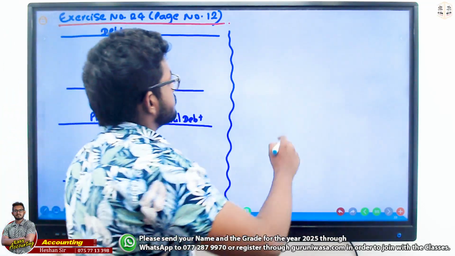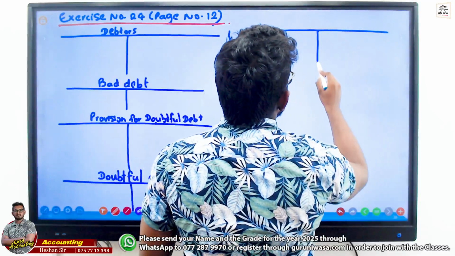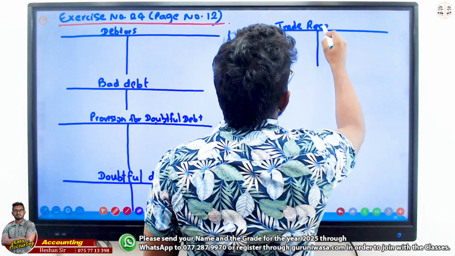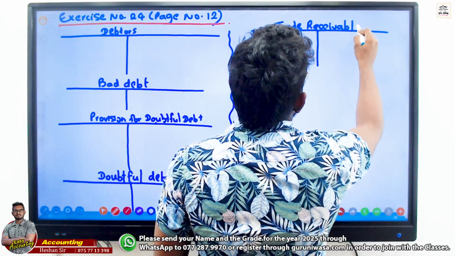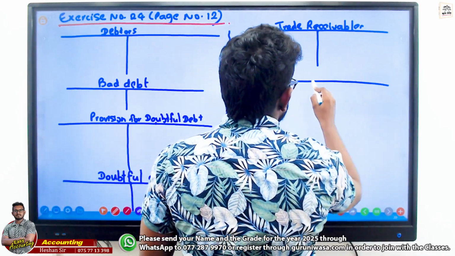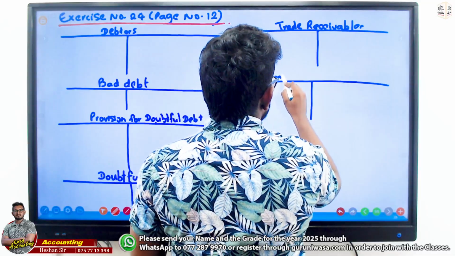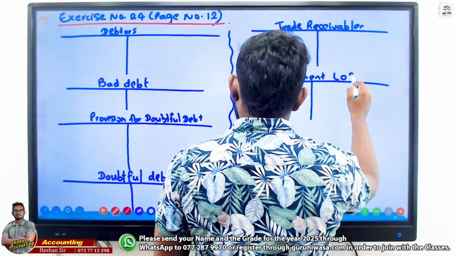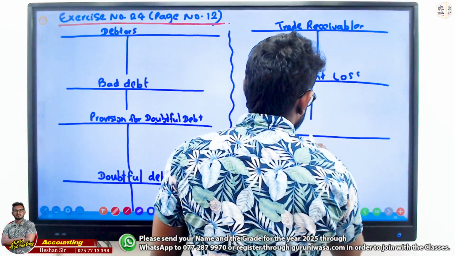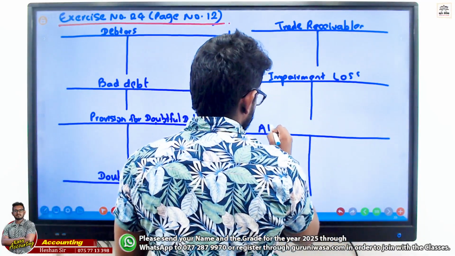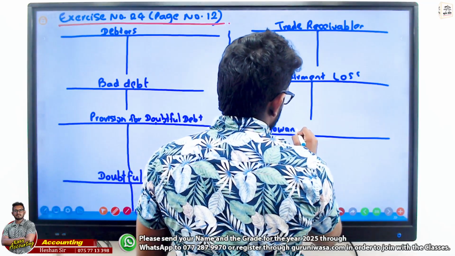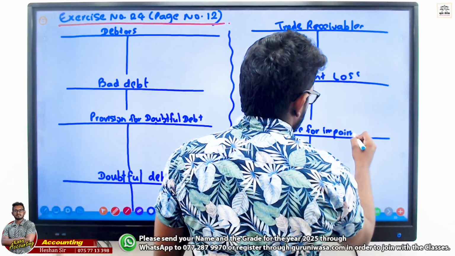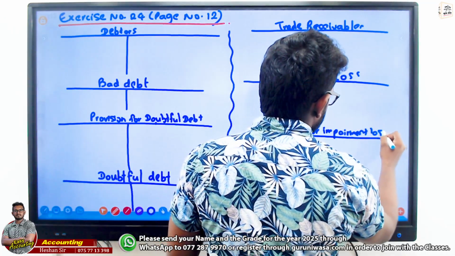In here, the allowance method: trade receivables, impairment loss, and the next one, allowance for impairment loss. I'll give you enough time to write.